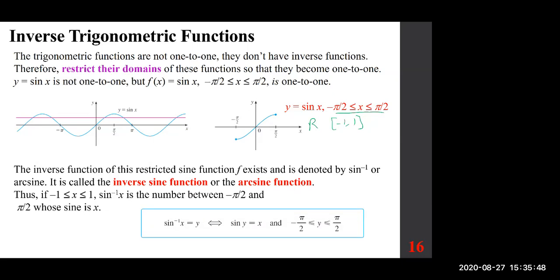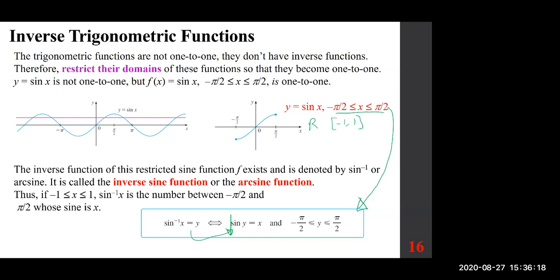So if we write y equals sine inverse x, by definition, it means sine y equals x. So pay attention to this definition of an inverse. And remember, in the case of sine, x is between negative pi over 2 and pi over 2. Now, this means y is between negative pi over 2 and pi over 2.